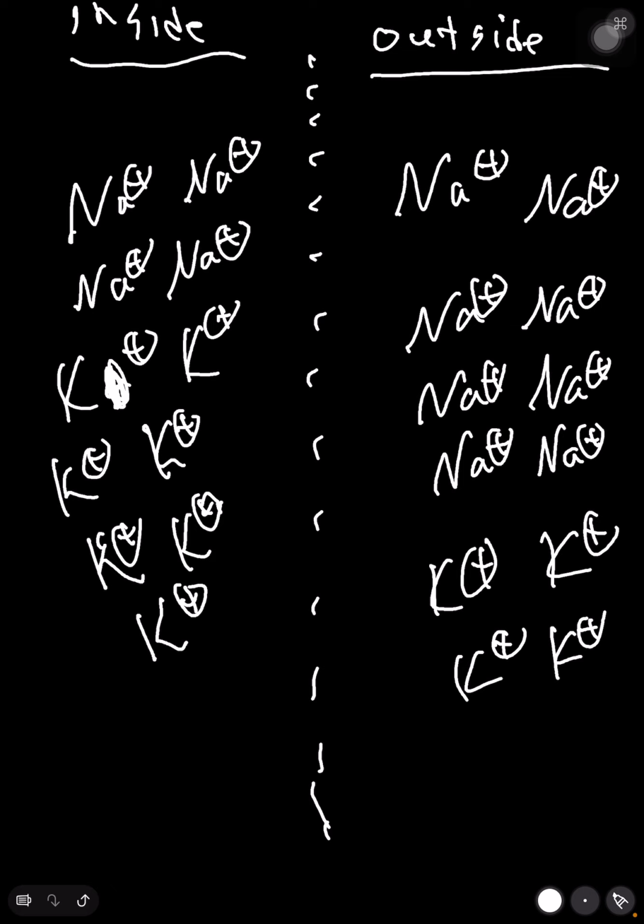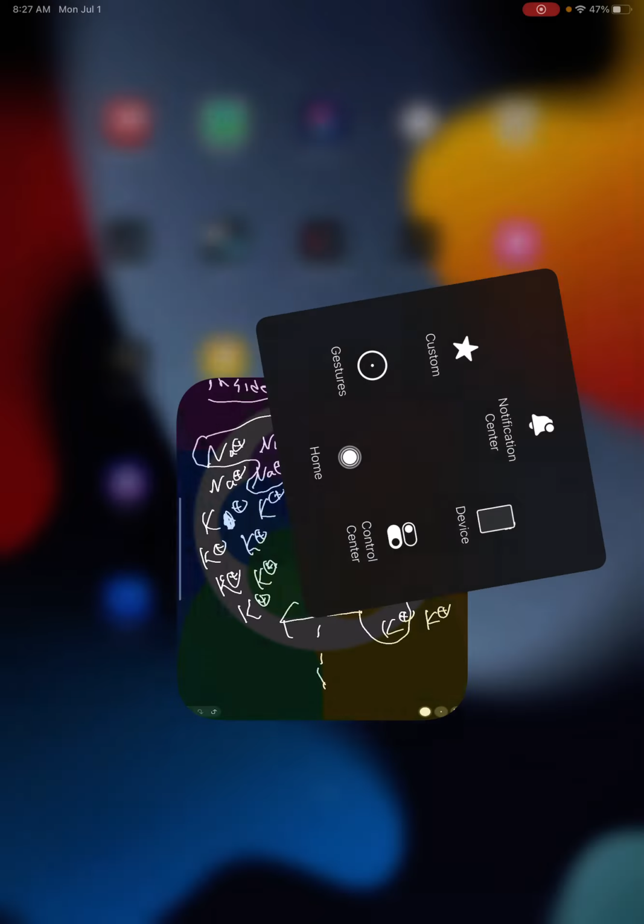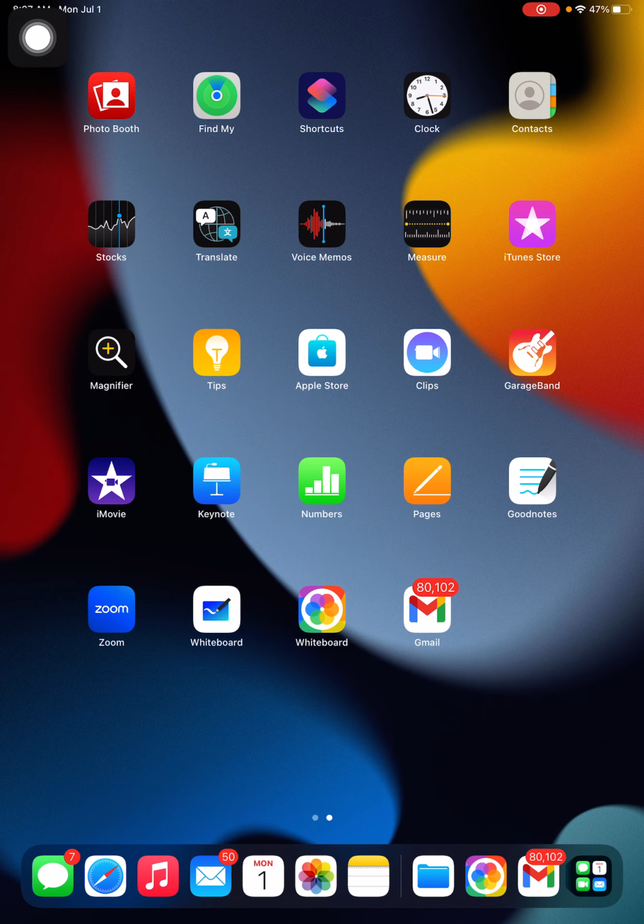However, what the sodium-potassium pump is trying to do is take 3 of these sodiums and pump them out to the outside. It is also trying to take a couple of potassium ions and pump them to the inside. Both of these are against concentration gradients, so you've got to have some energy to drive them, right? And that's where the sodium-potassium ATPase comes in.